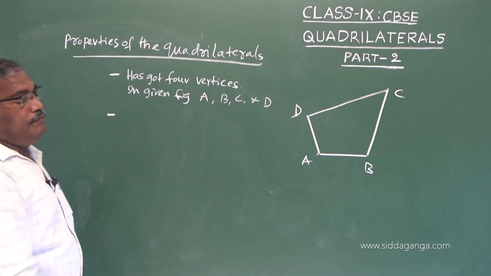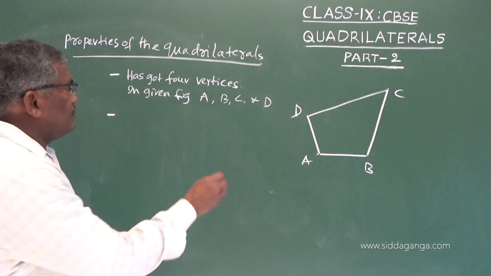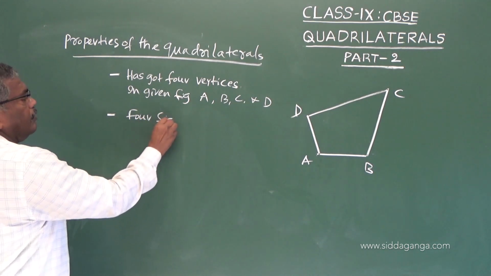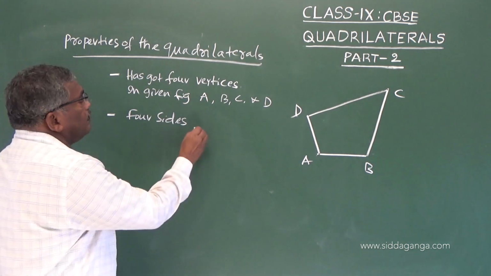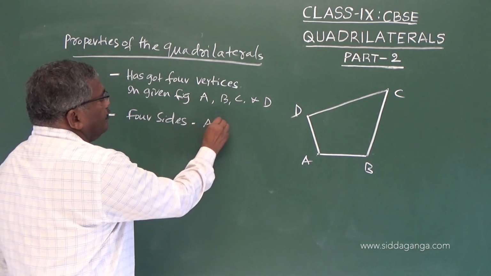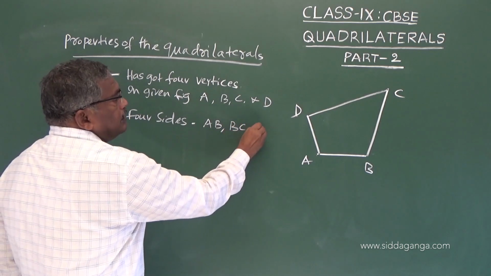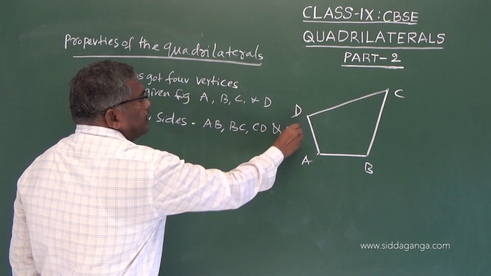Second point, four sides. So with respect to the given figure, what are the four sides? AB is one side, BC, CD and DA.